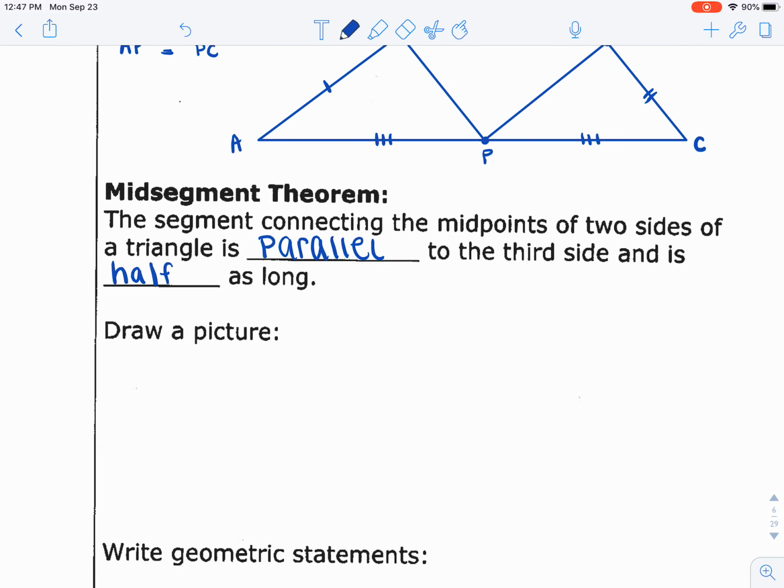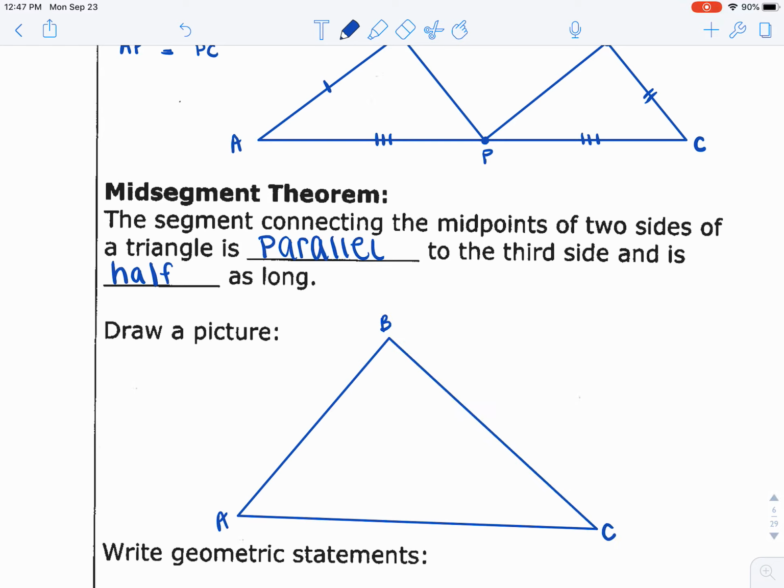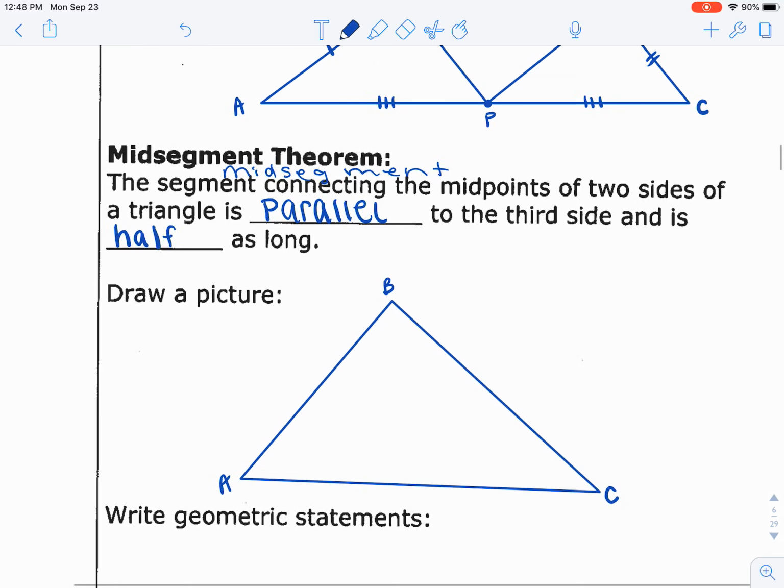This is still going to be triangle ABC. It says the segment connecting the midpoints of two sides, so the midsegment, is parallel to the third side and half as long.